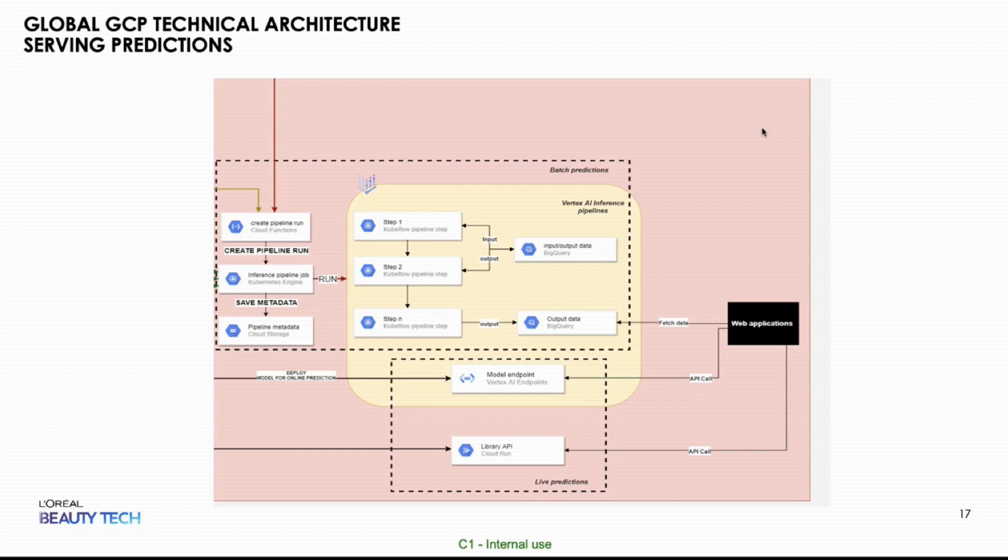The second option is that we use the model artifact that we trained to be deployed either in model endpoints on Vertex or on Cloud Run. To be honest with you, we mostly use Cloud Run today because we have a scalability problem with the Vertex endpoints, because it doesn't scale to zero. Once you deploy an endpoint, you pay for it all the time, whether you use it or not, which is not the case for Cloud Run, even if you have this cold start effect at the beginning.